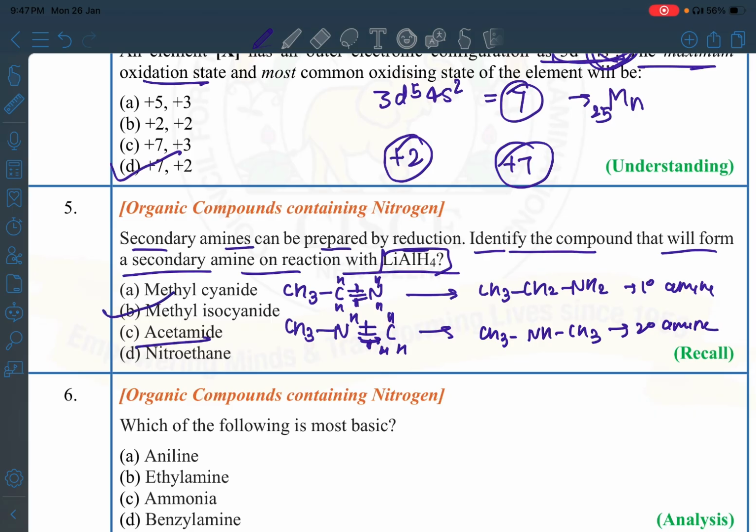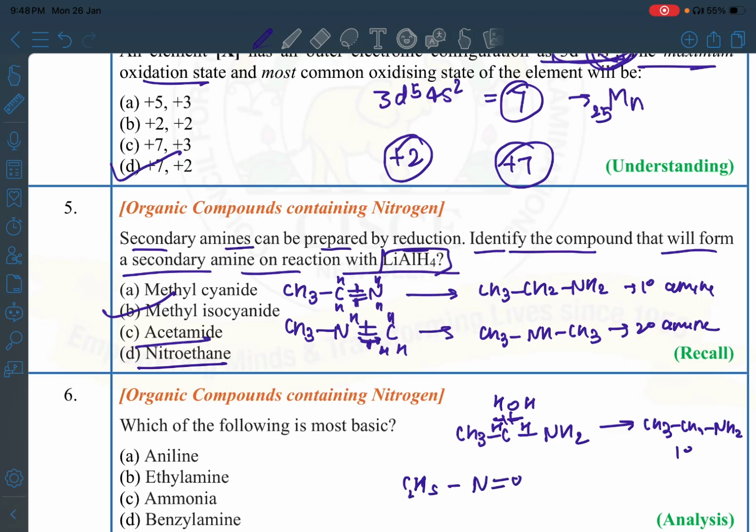Now acetamide is like this, CH3CONH2. Okay, so we break this bond, one hydrogen goes here and the other one is here also. So we get CH3CH2NH2, which is also a 1 degree amine, and we want a 2 degree amine. Then we have nitroethane. Nitroethane is C2H5NO2.